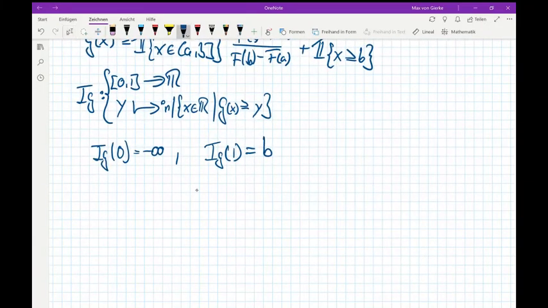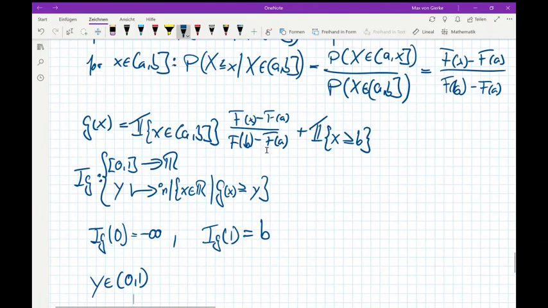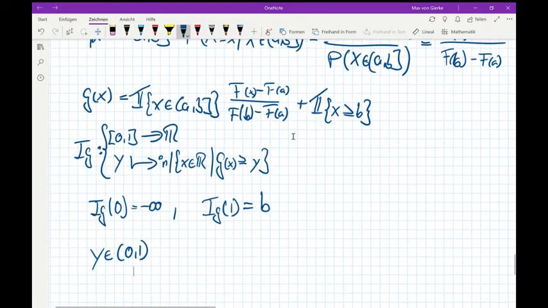And now the question is, what happens when y is between 0 and 1? As we can see here, this part is only interesting for y equal to 1.